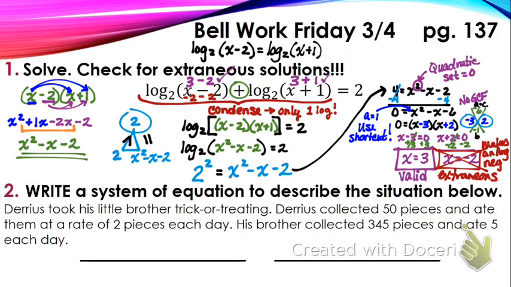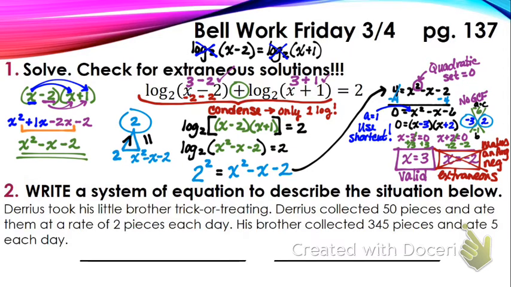And are you asking, can we just cancel the logs out there? Sort of, you know where it has the brackets around the x minus 2 and x plus 1? Mm-hmm. Can you cancel the logs base 2 and then distribute all of that?